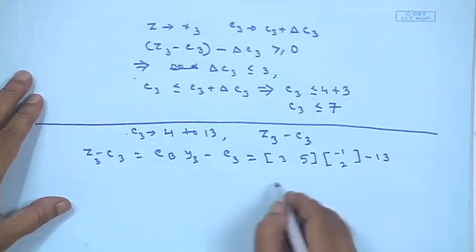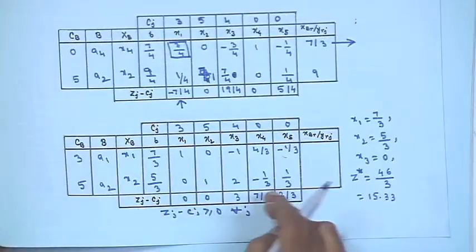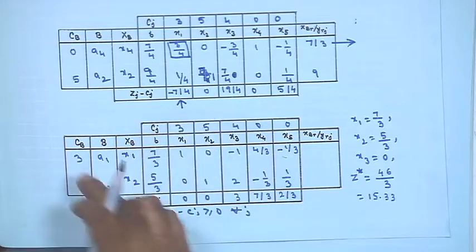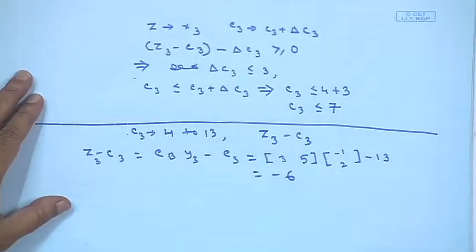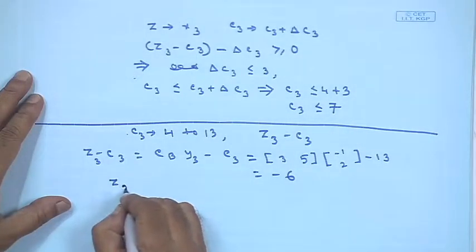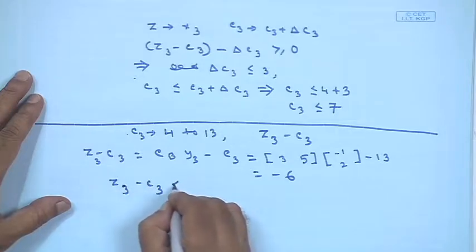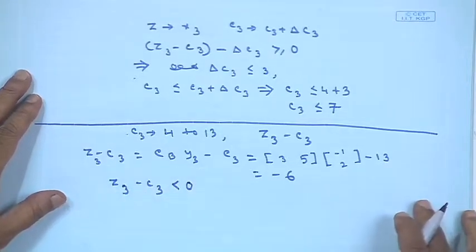If I calculate, this value is this one. Effectively, I am doing from this. Zj minus Cj is nothing but CB B minus Cj. So, Z3 minus C3 is less than 0.